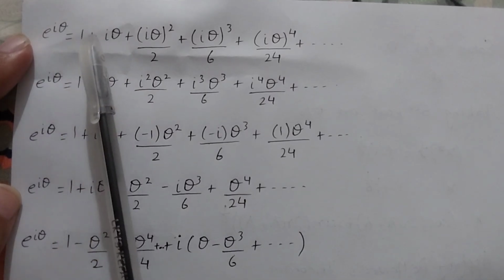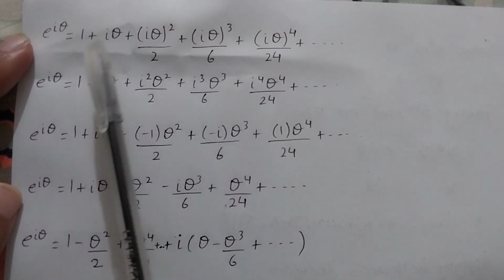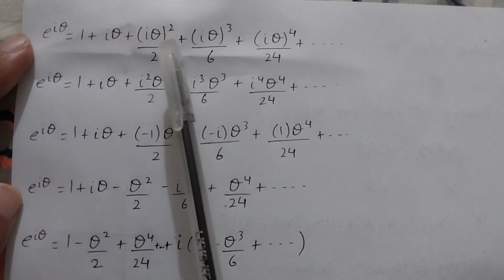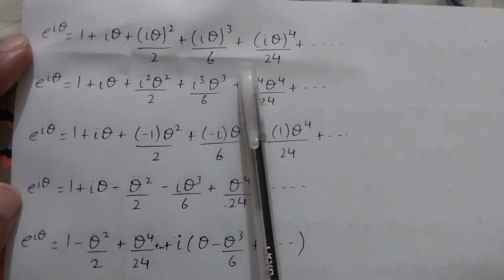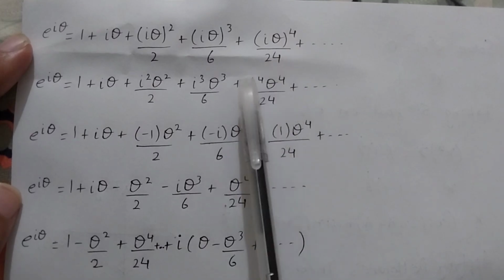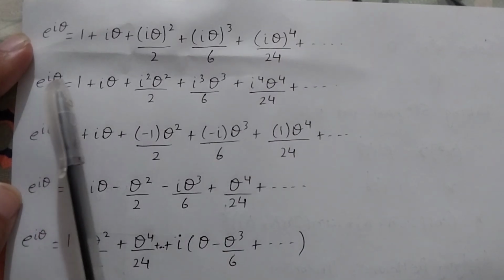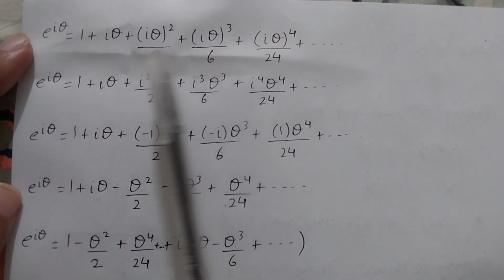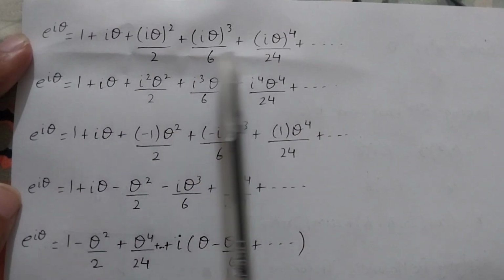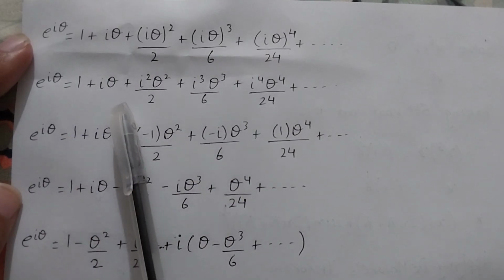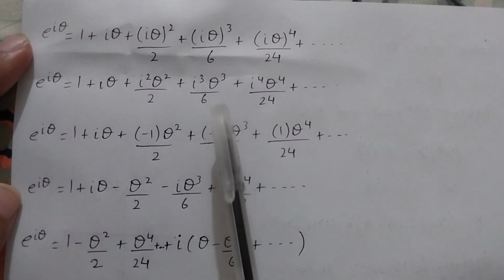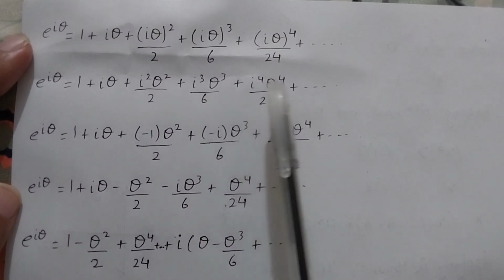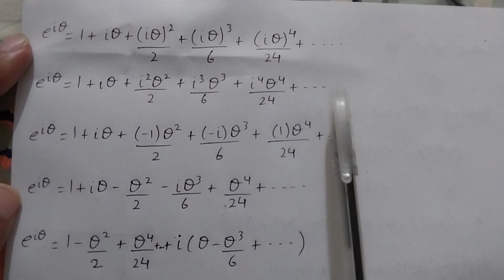When you put iota theta in place of x, you end up with 1 plus iota theta whole squared over 2 plus iota theta whole cube over 6 plus iota theta whole power 4 over 24. And when you simplify this right hand side, you end up with 1 plus iota square over 2 plus iota cube theta cube over 6 plus iota 4 theta 4 over 24 up to so on.